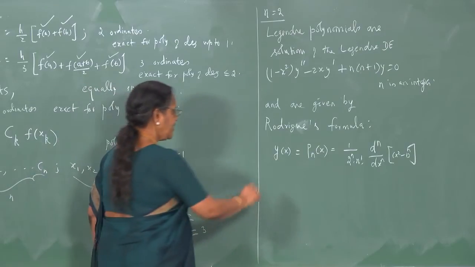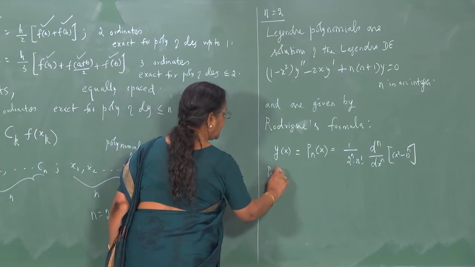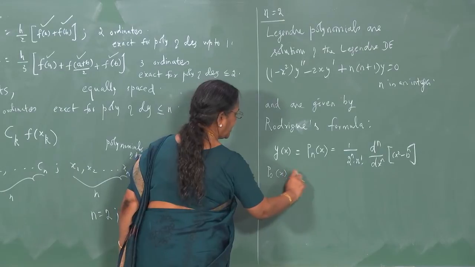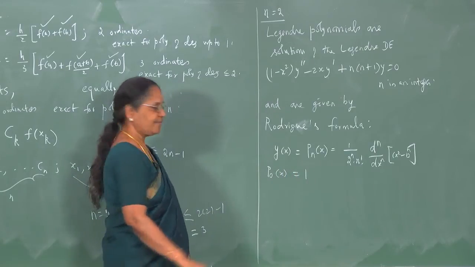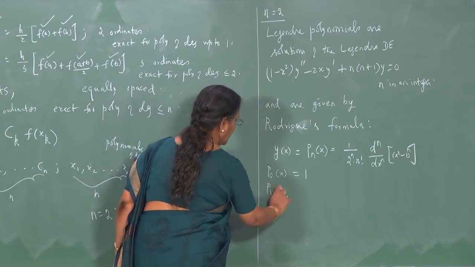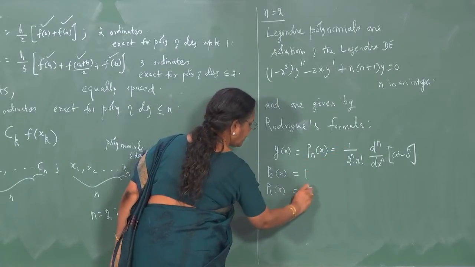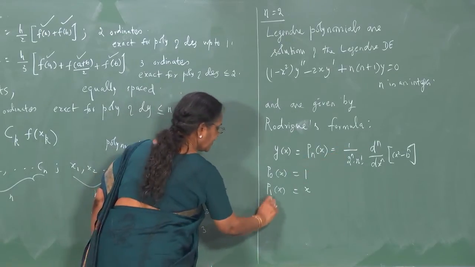So, when n is 0, you get the Legendre polynomial of degree 0, which is 1, and when n is 1, from here you will obtain that it is x.